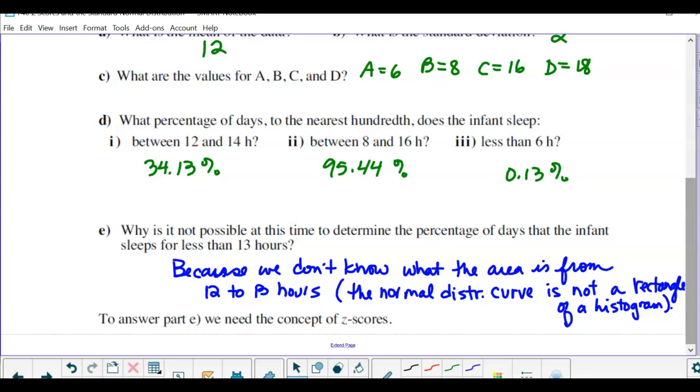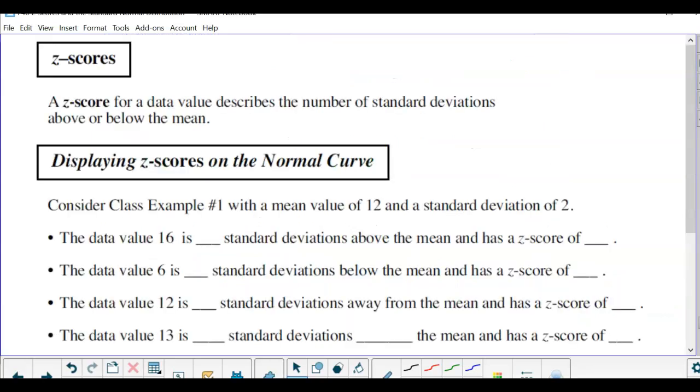So, what is a z-score? That's the big question. A z-score for a data value describes the number of standard deviations above or below the mean. So basically, it means that you can calculate things without knowing what the mean or standard deviation is.